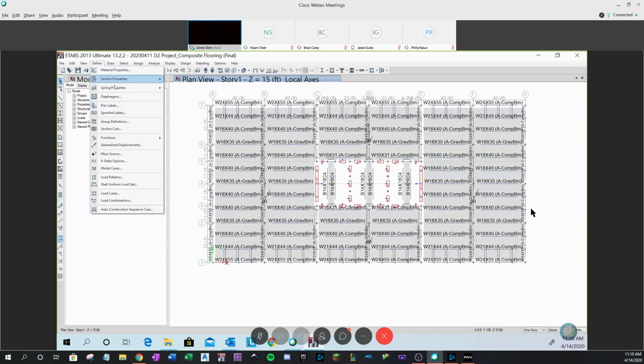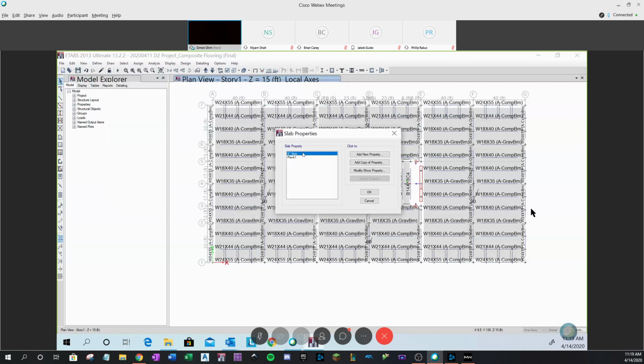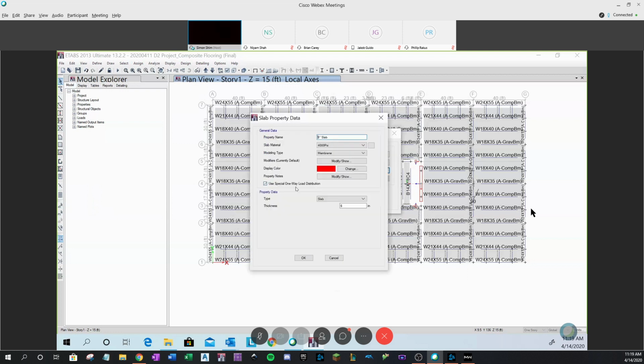Similarly, the slab could have two properties. When you go to this 6 inch slab here, there is a modeling type with membrane, shell, thin versus thick layers. Typically, you're going to use either membrane or shell.